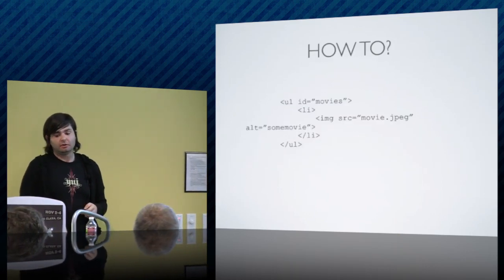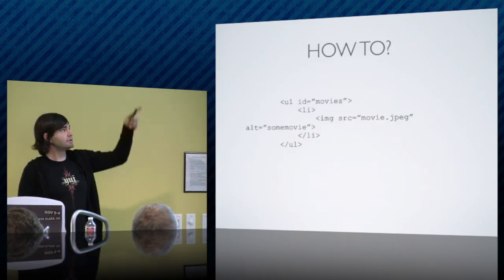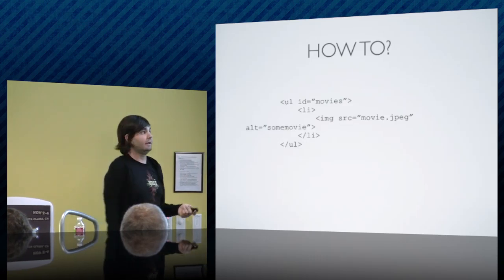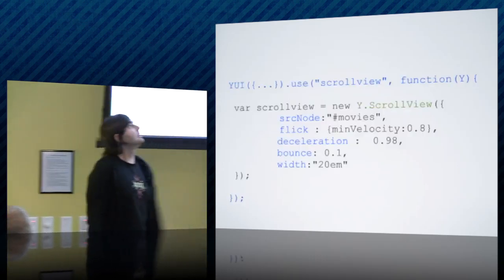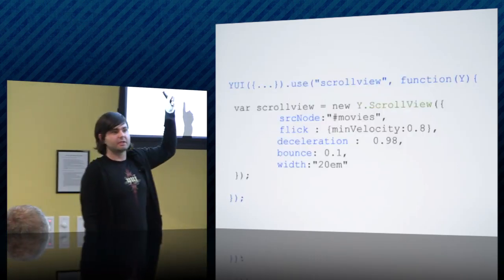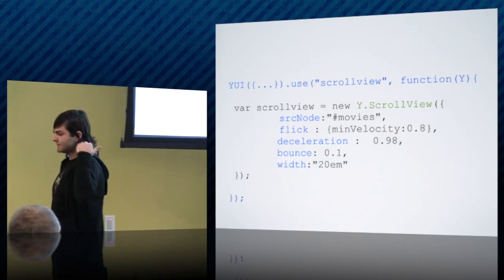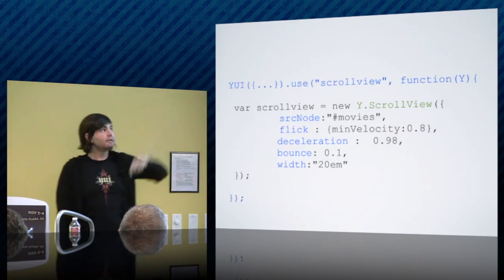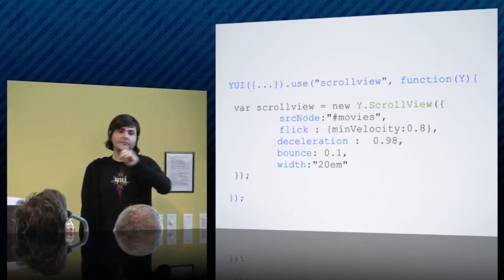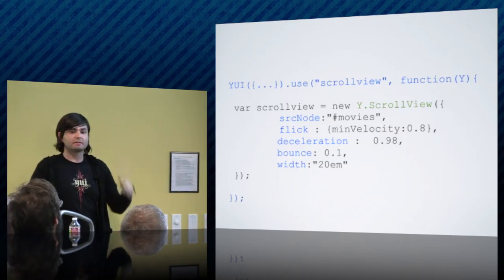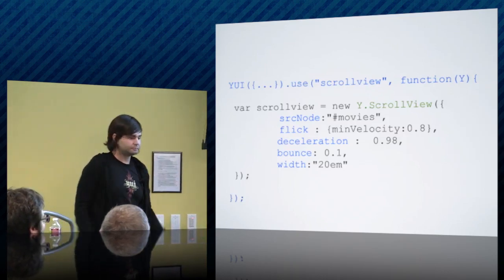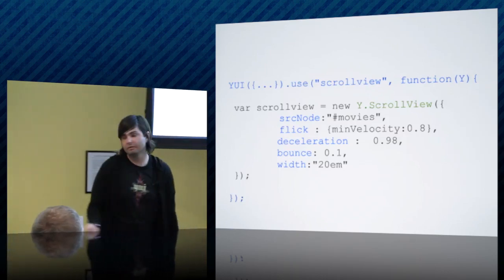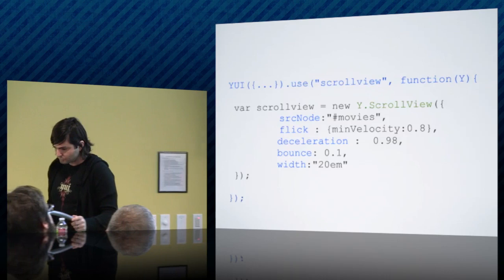All it took to get that going was passing in some markup, in this case a list of elements with images, and then this much JavaScript. I'm specifying the source node, my flick event, the acceleration, the bouncing, and the width of my carousel. That's all it takes to get something like that going.